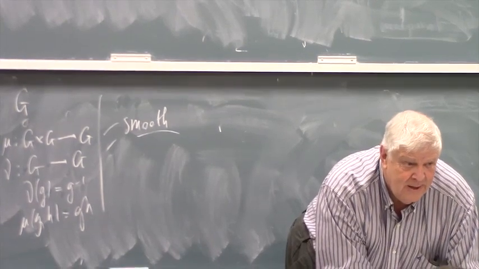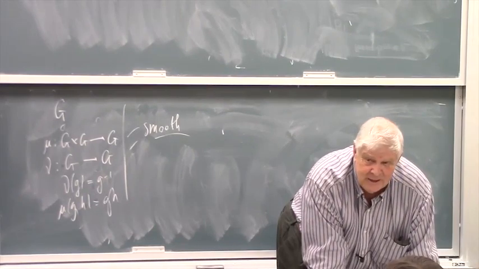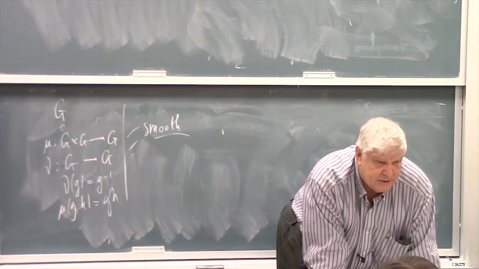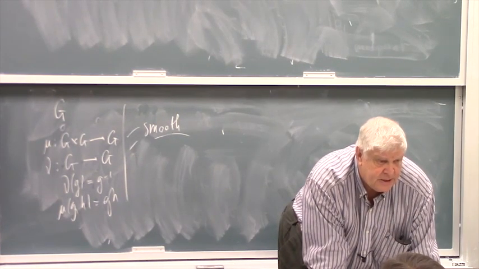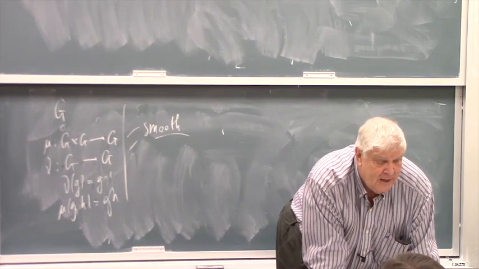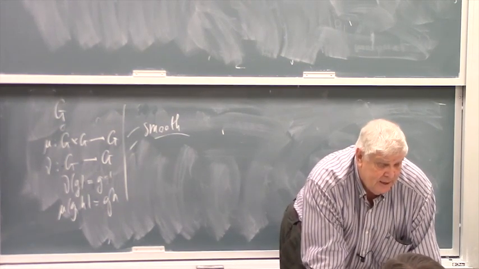Say, straight line, R. It has a manifold structure, certainly. And also, the addition operation, which is mu in this case.